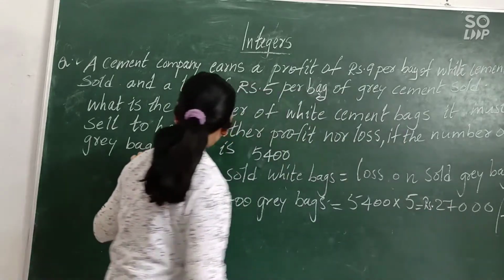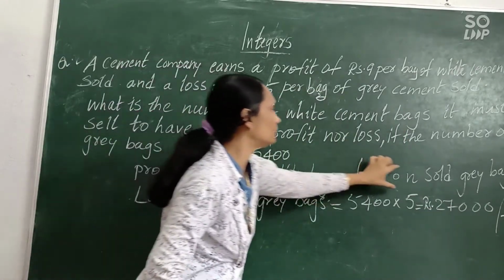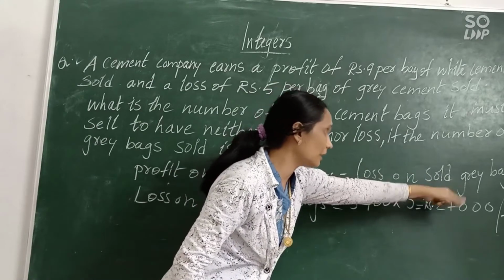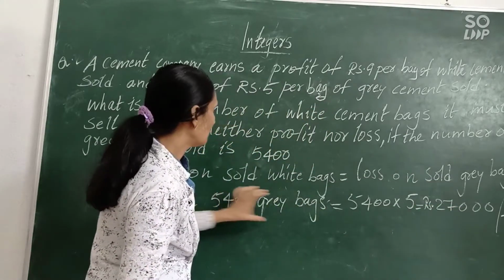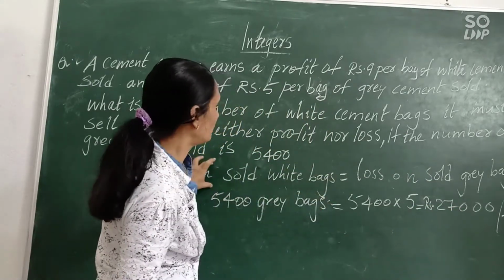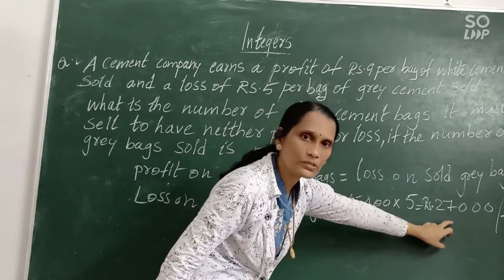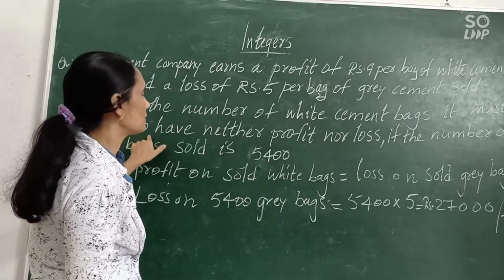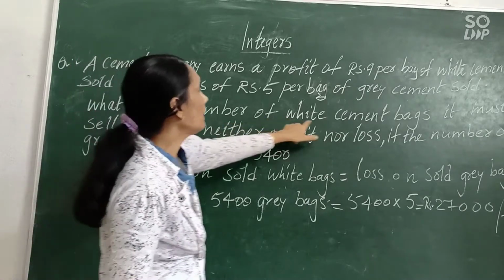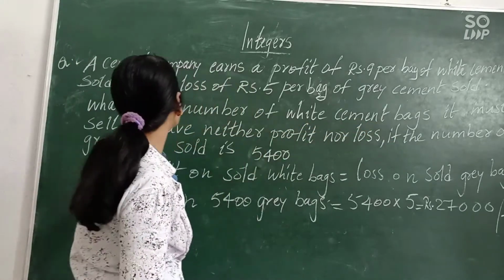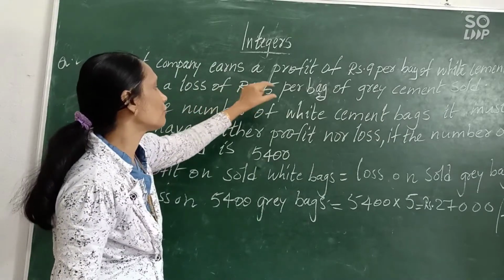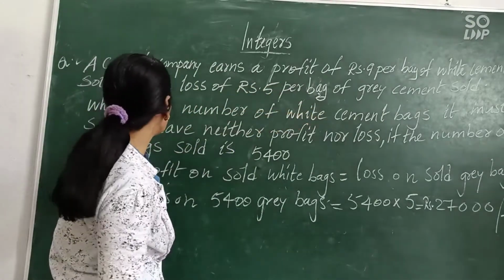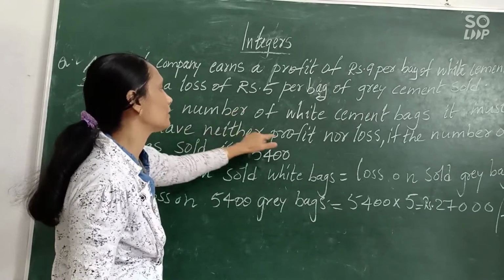So it is told profit on sold white bags is equal to loss on sold grey bags. That means what is the amount for profit? That is also 27,000. So what do we want to find out now? We want to find out how many white cement bags it must sell to have neither profit nor loss.